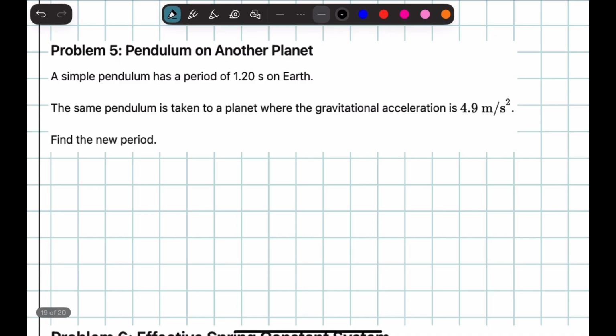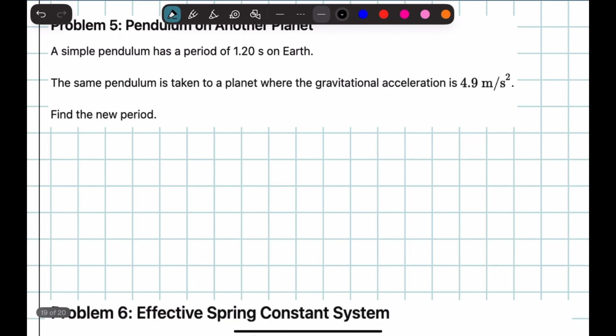A simple pendulum has a period of 1.2 seconds on Earth. The same pendulum is taken to a planet where the gravitational acceleration is 4.9 meters per second squared. Find the new period. The period of a pendulum is T is equal to 2 pi root L over g.